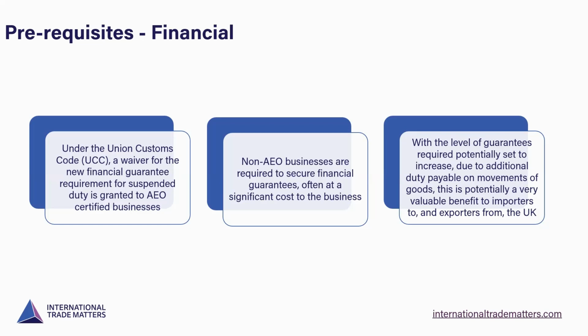Non-AEO businesses are required to secure financial guarantees, and they come at a significant cost to the business. And with the level of guarantee required potentially set to increase due to additional duty payments on movement of goods, this is potentially a very valuable benefit for importers and exporters to and from the UK.